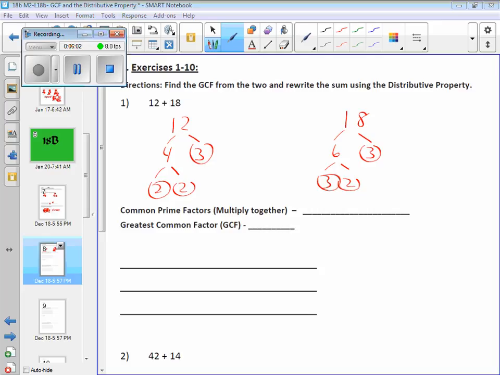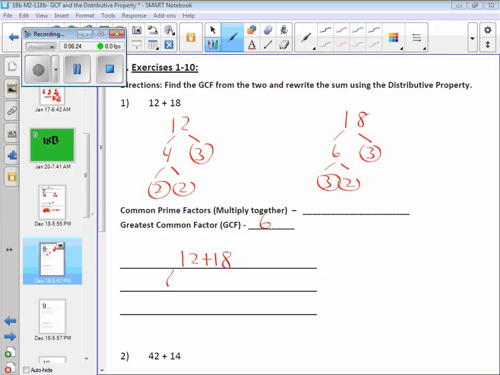3. There's a 3 and a 2, right? Yes. Multiply together. 6. 6 is a GCF. Okay, ready? Rewrite the original 12 plus 18. What was the GCF again? Everybody.